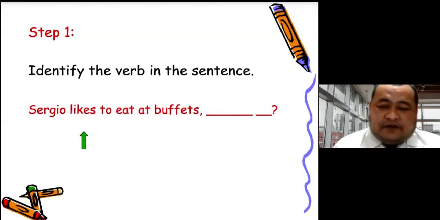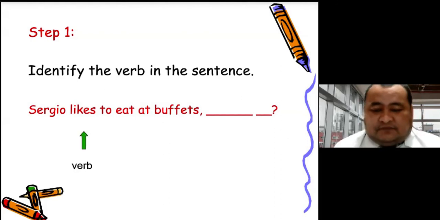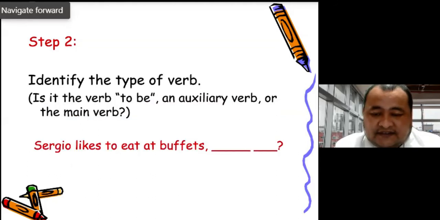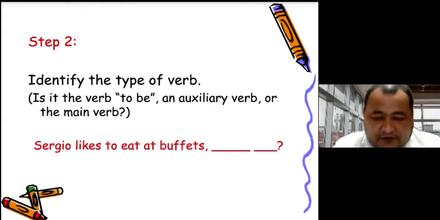First, look at the verb. What is the verb? The verb is in simple present tense. How do I know it is simple present tense? Because the subject is Sergio, and for the subject Sergio the verb adds s. So like becomes likes. So Sergio likes, that is the verb.